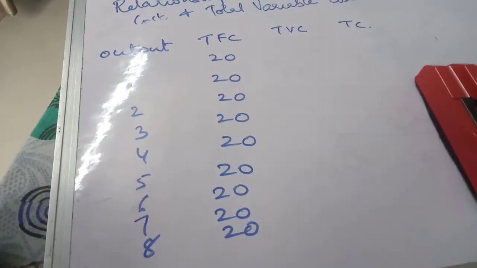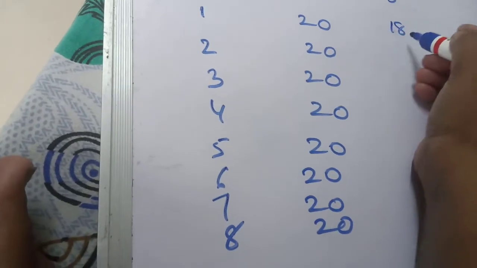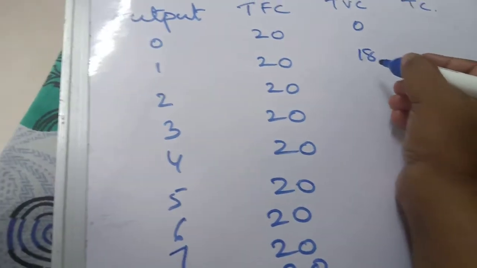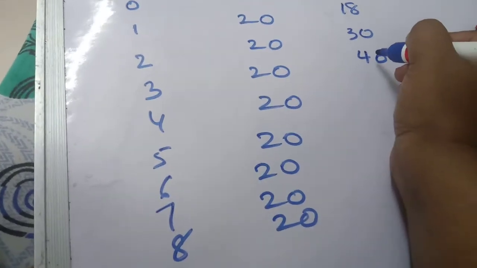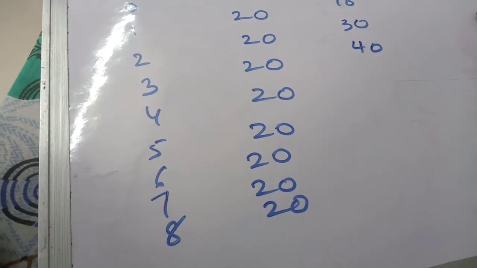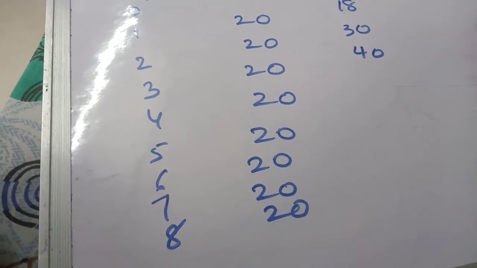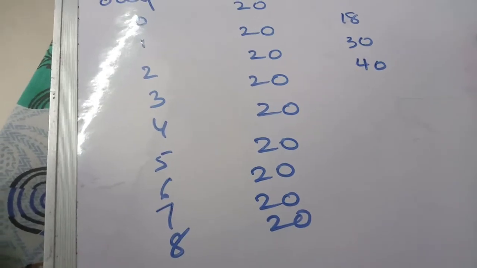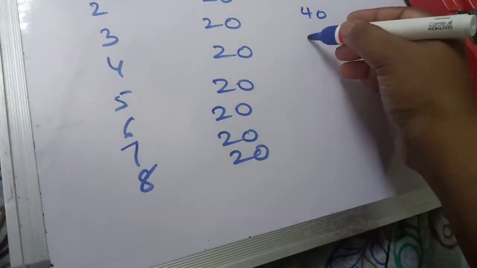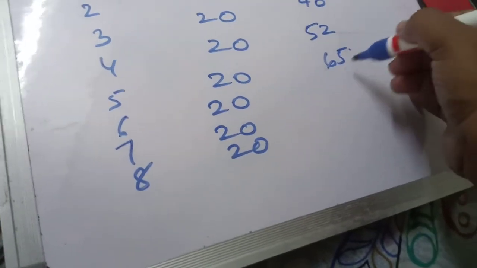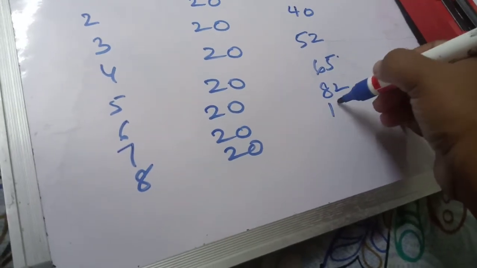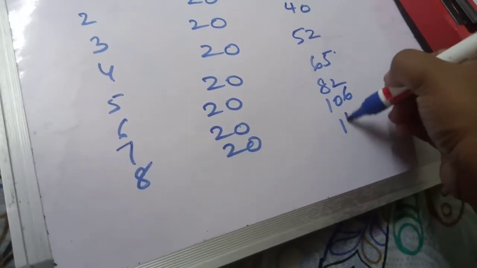Okay, and your TVC: 0, 18, 30, 40, 52, 65, 82, 106 and 140.